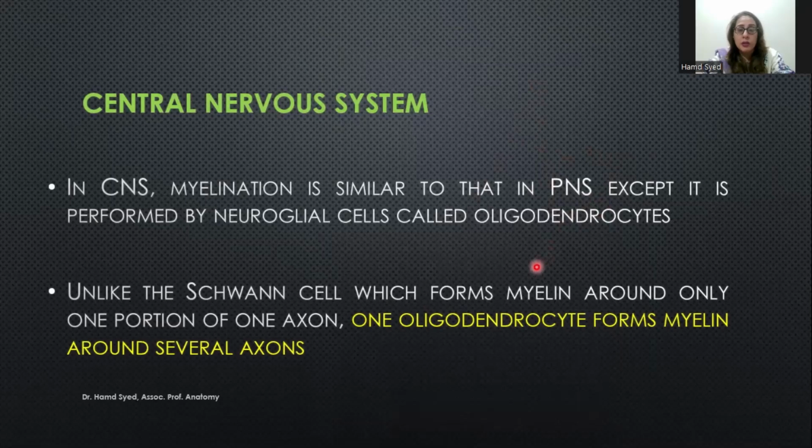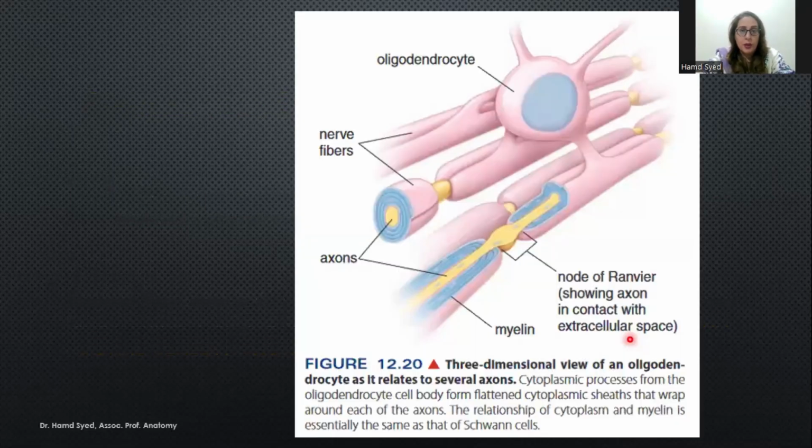The difference is that one oligodendrocyte forms myelin around several axons. So here is a single oligodendrocyte, and you can see it myelinating several axons. But the process of myelination and the myelin sheath itself are similar to myelination by Schwann cells.